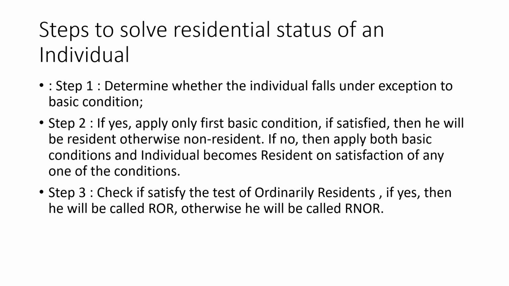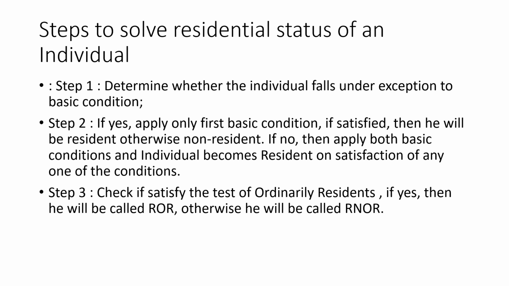After this, having found the residential status, R or NR, we have to move on to the third step, that is ROR or RNOR. If he satisfies the test of ordinary resident, then he will be ROR, and if he does not satisfy the additional condition, he would be RNOR.